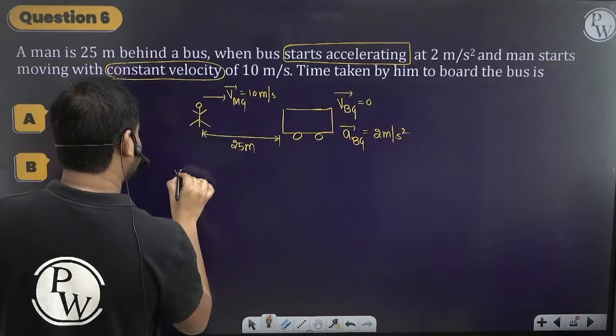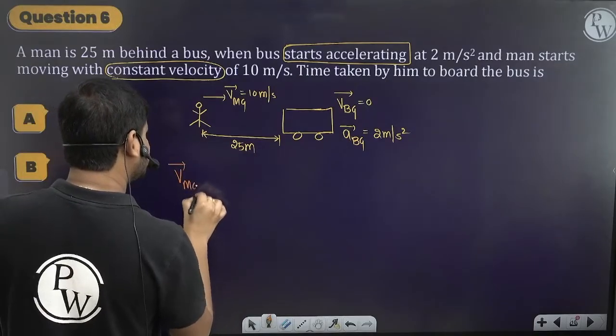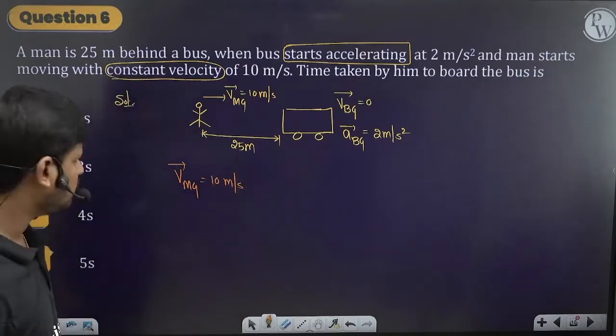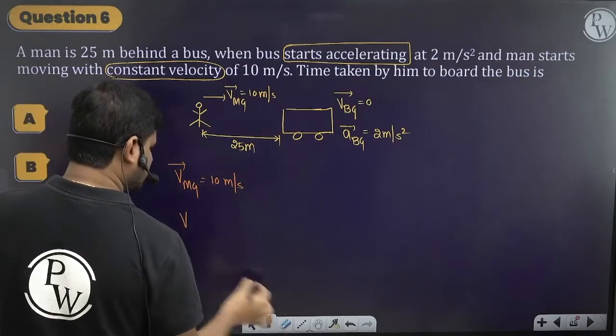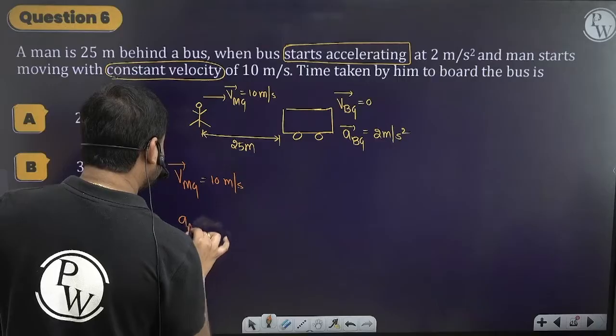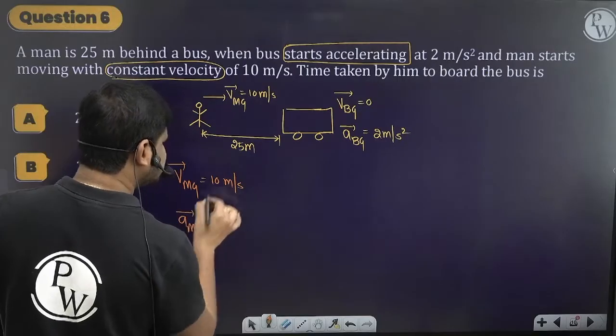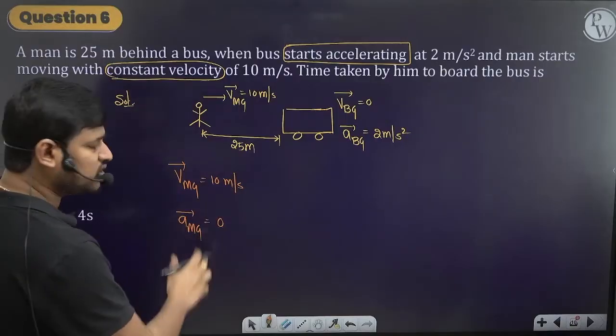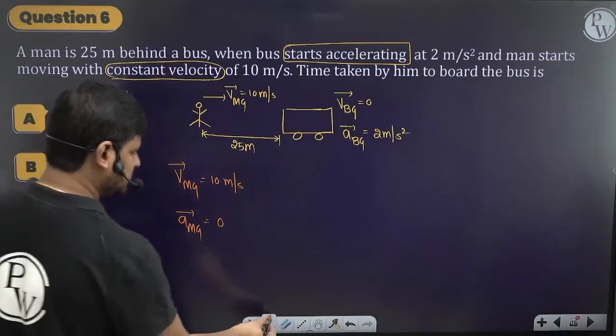See here, the velocity of the man with respect to ground is 10 meter per second. Yes or no? And the acceleration of the man with respect to ground, shall I say, is 0.